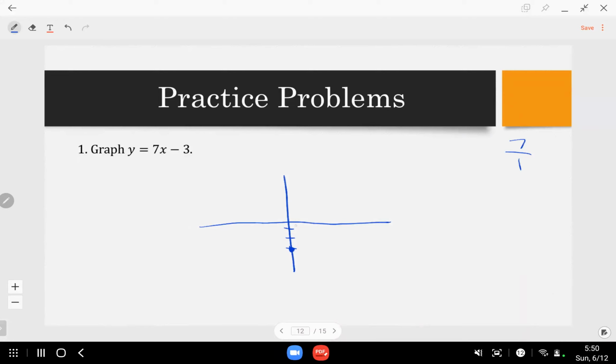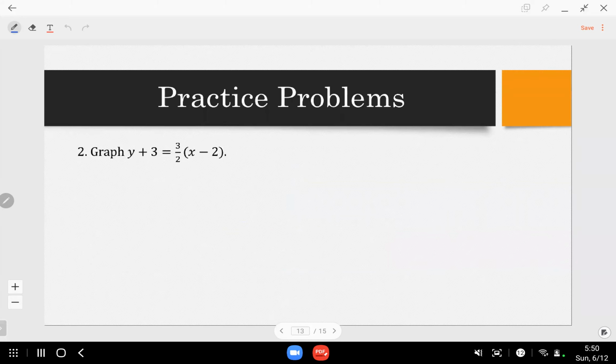So let's go up by 7: 1, 2, 3, 4, 5, 6, 7, and go to the right by 1. So this is a very steep line. All right, something like that. Okay, let's graph the next one.